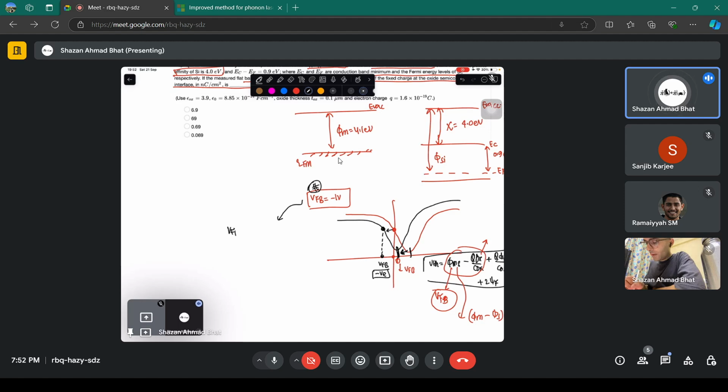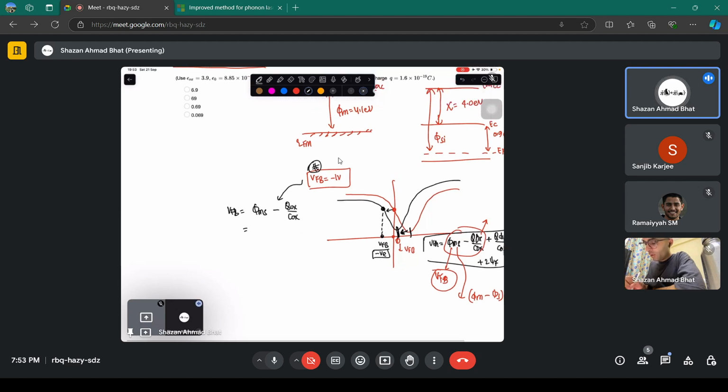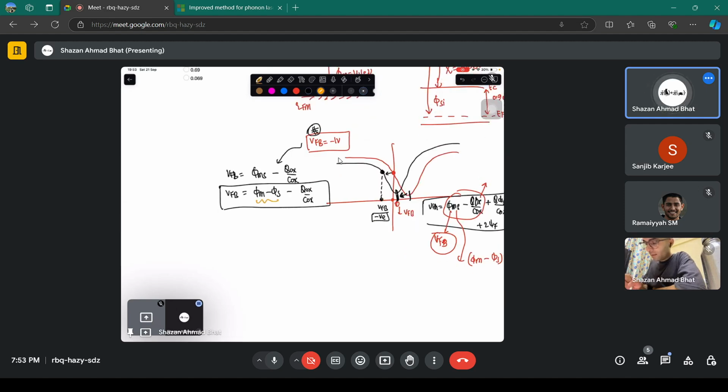I showed you that flat band voltage is basically phi ms, which is the work function difference between metal and semiconductor, minus the oxide charge divided by oxide capacitance. You can write this as V flat band equals phi m minus phi s minus oxide charge divided by oxide capacitance. Everything is given, so you will obtain this value, but in terms of Cox.